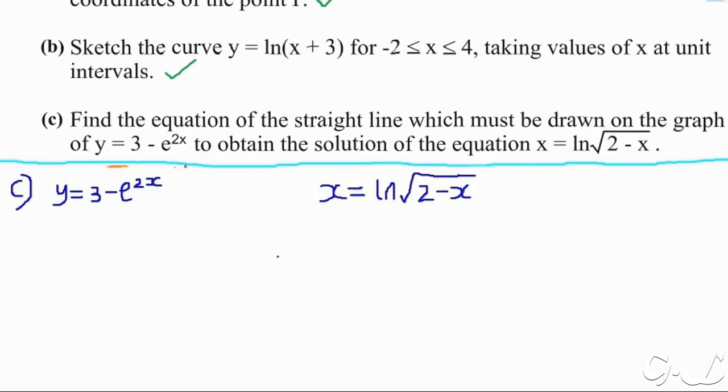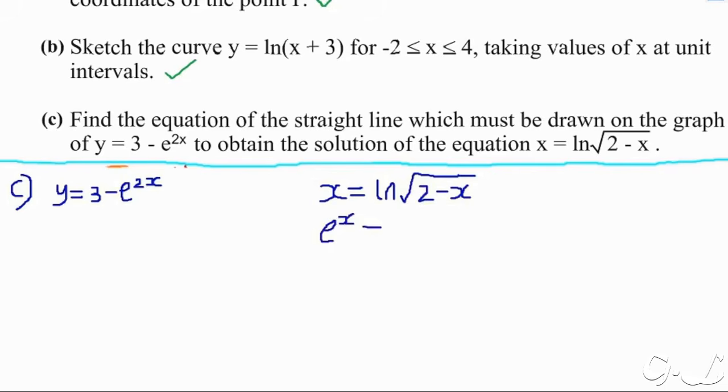What we have to do is take the equation x is equal to natural log square root over 2 minus x, and then we are going to introduce e in that equation.